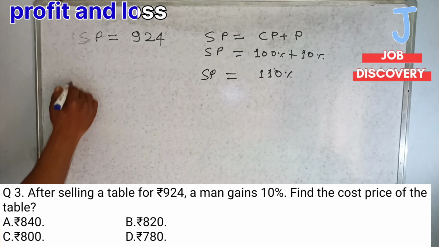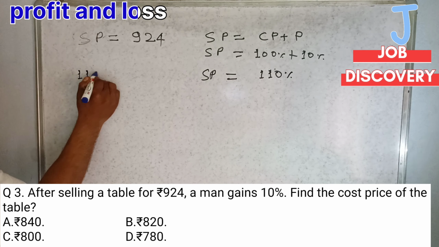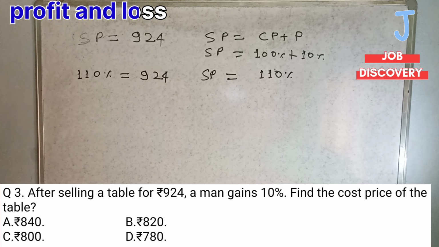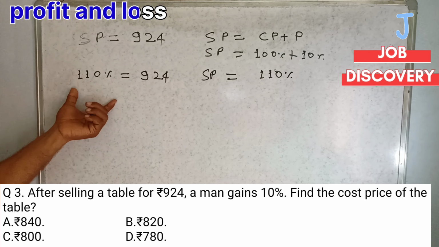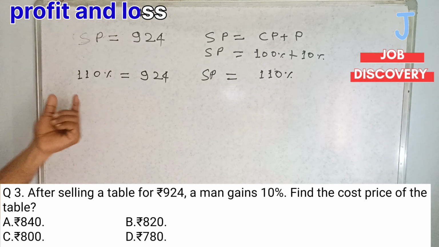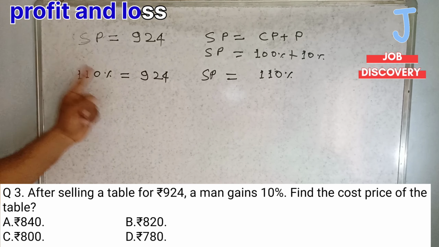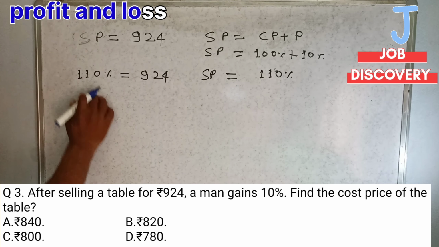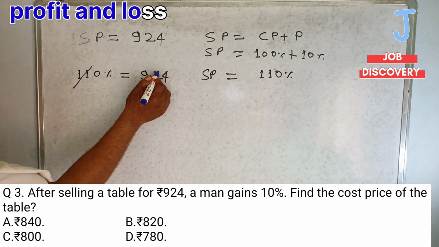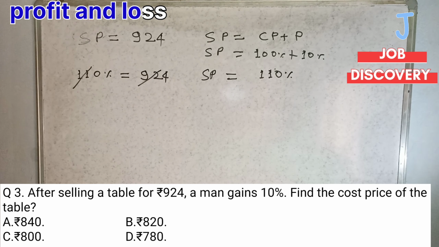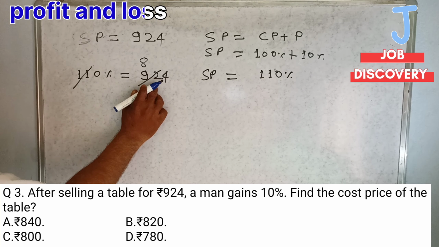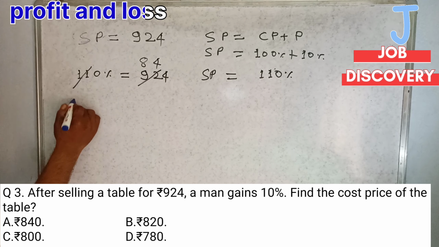So we can say 110% is equal to 924, because both are selling price. Now see here, 11, 8 elevens are 88, right? And here 88 plus 4, 44. So 11 4 elevens are 44.